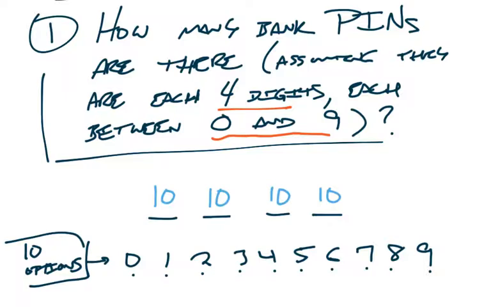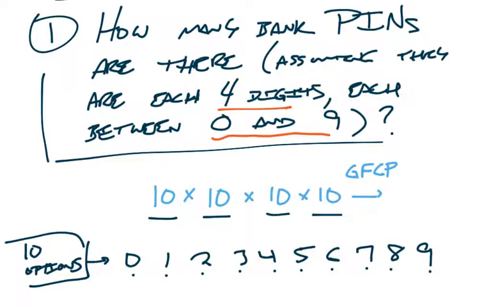All right, and to figure out how many ways we could make this PIN, we need to use the generalized fundamental counting principle and multiply all of these choices, all of these options together. And remember, this is by the generalized fundamental counting principle. I'm using the generalized one because I've got 4 decisions that need to be made here, each with a different number of options. Well, in this case, they're all the same number of options, but you know what I mean.